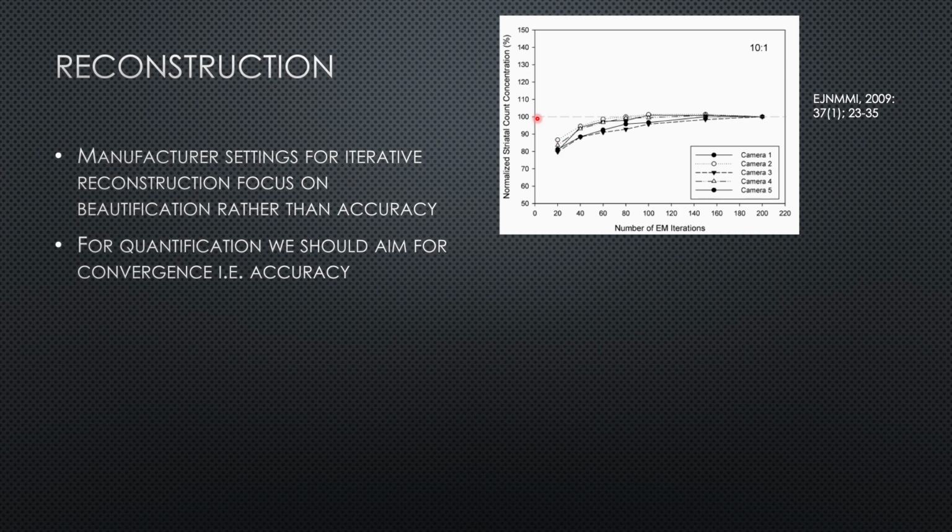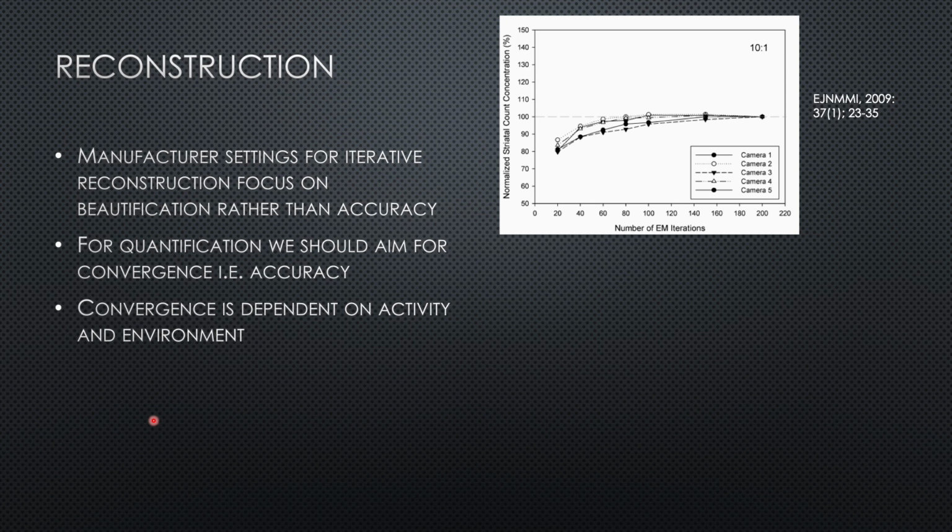So this is our true accurate value of uptake that we should be getting. And you can see that if we're doing 40 or 50 iterations, so that might be like 2 iterations, 25 subsets, for example, we're only getting between 85 and 95% of the true volume, the true quantitative measure.